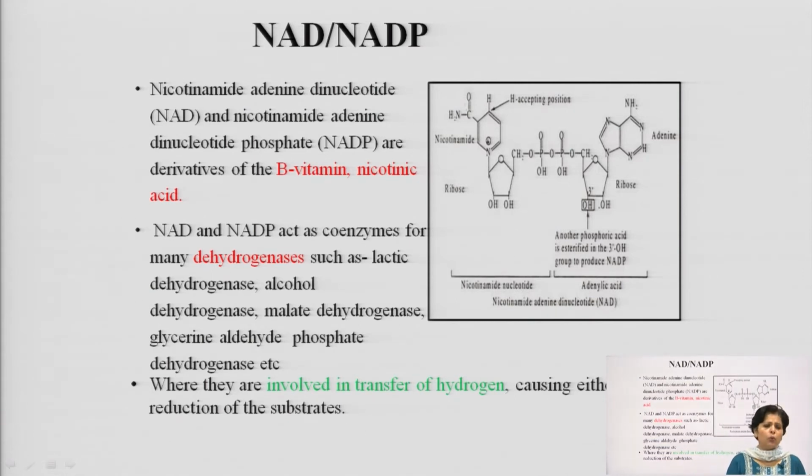Wherever you find dehydrogenase enzymes, NAD and NADP act as coenzymes to increase the activity of these enzymes, where they are involved in the transfer of hydrogen, causing either the oxidation or the reduction of the substrate.